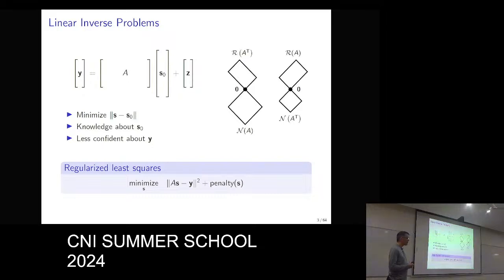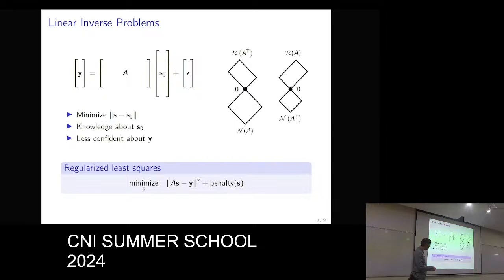And I want to do that by incorporating both the knowledge of my model, but some knowledge about S0. And so I'm going to use regularization for that. So what do I mean? My objective is for my estimate of the state S, when multiplied on the left by A, to be as close as possible to y in terms of explaining my observation. So it should be able to explain the observation.